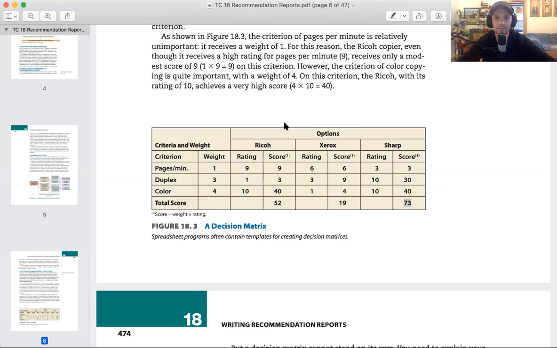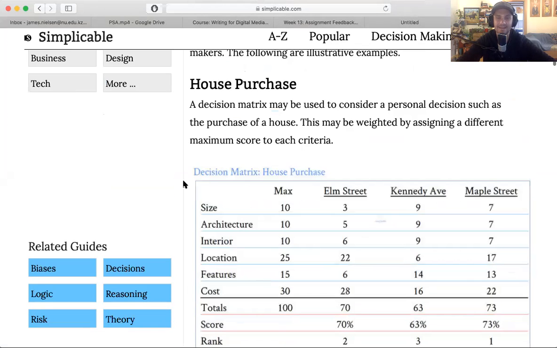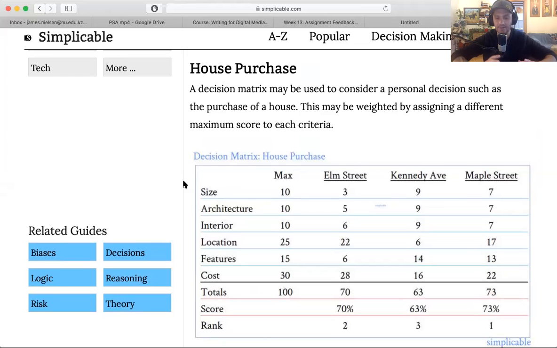Let's look at one more example, if I'm not boring you guys to death yet. This is how you're going to get, if you don't have to do this model, but this one, you do need to follow the problem solution advocacy model, but you don't necessarily have to create a decision matrix, and you don't necessarily have to follow the problem solving model from chapter 18 of Technical Communication.